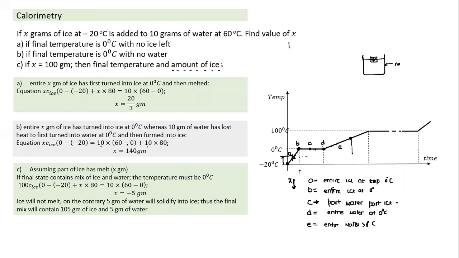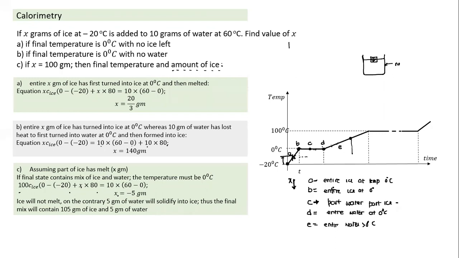If x gram of ice has melted, it means 100 grams of ice at minus 20 degree first gains heat to rise to 0 degree, plus only part, not 100 grams, x gram has melted, so x into 80. This is the amount of heat gained by ice. And since the final temperature is 0 degree, the heat lost by 10 grams of water is 10 into 60.